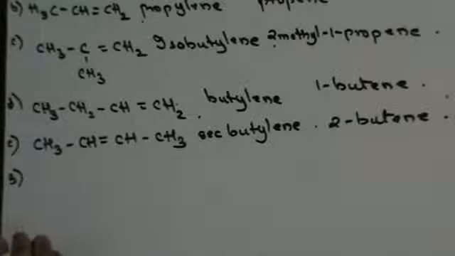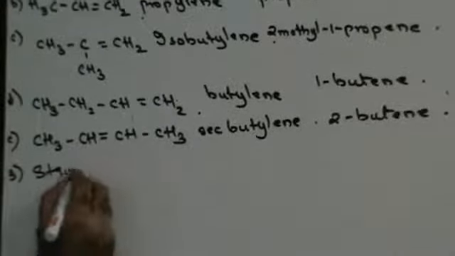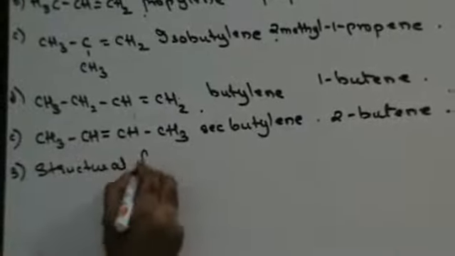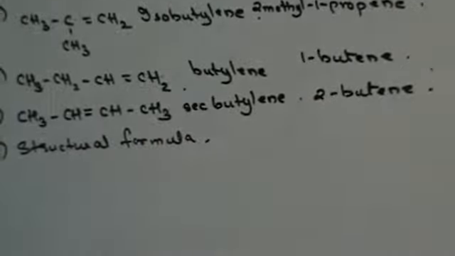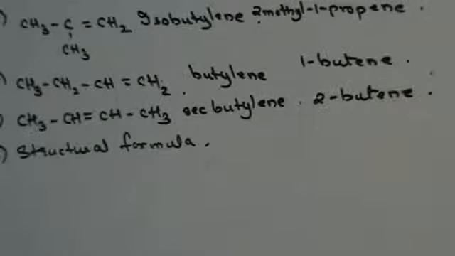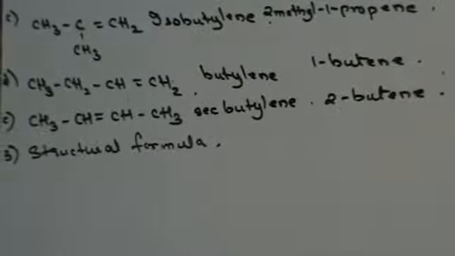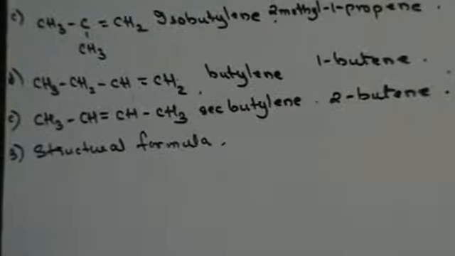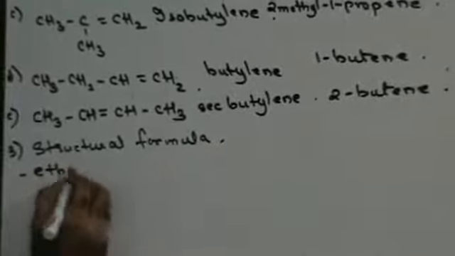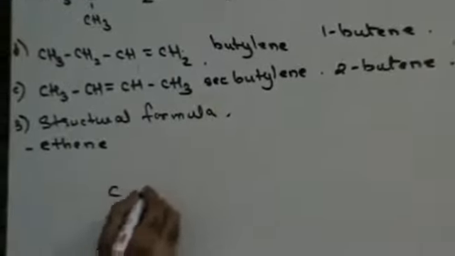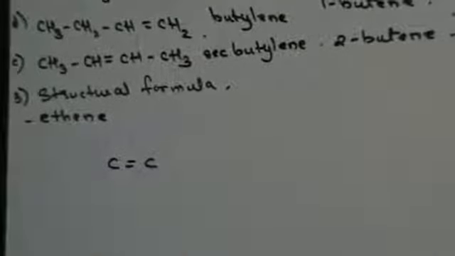Next, let's see the structural formula and the electronic structure. First let's see the structural formula. Now, when I look at the structural formula, suppose I consider the structural formula of ethene. Ethene means there is going to be 2 carbon atoms. ENE, that means double bond.